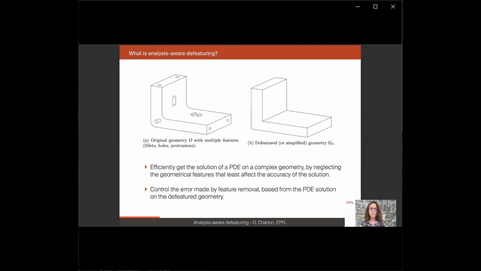Moreover, repeated design changes are a typical process in simulation-based design for manufacturing, and it involves adding or removing geometrical features to the design in order to meet design requirements. We therefore need to accelerate the process of analysis-aware geometric design by defeaturing, and by analysis-aware, I mean that it is very important that we understand the effects of defeaturing on the accuracy of the solution of the problem at hand.